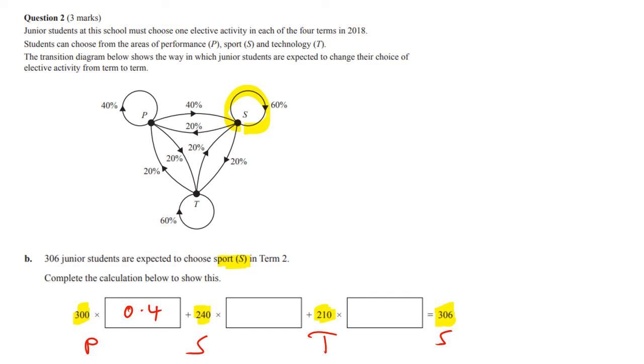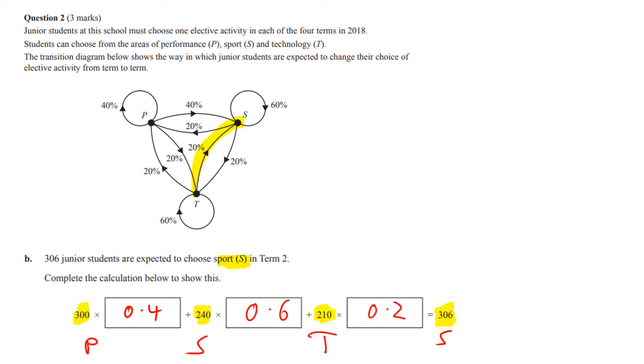So S going to S is 0.6 because that's what 60% represents. And the next one is the T's that become S, all right? So from T to S here is 20%, which we write as 0.2.